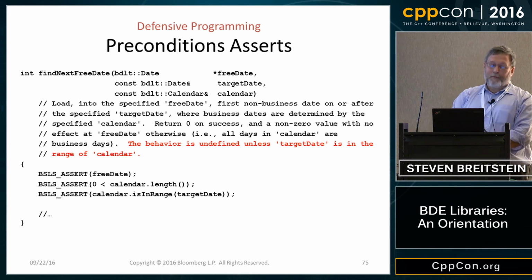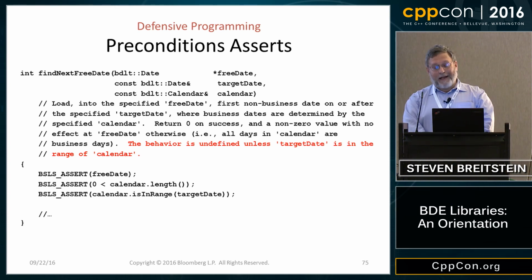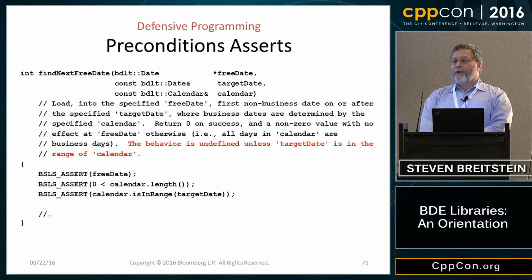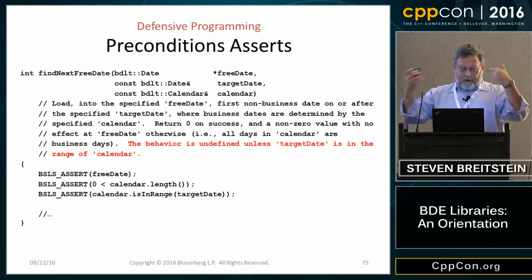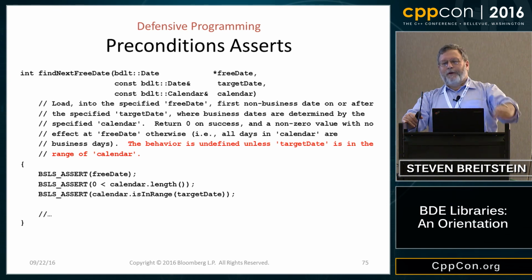Behavior, blah, blah, blah, long contract. Behavior is undefined unless the target date is in the range of calendar, where calendar here is a class that we have that maintains a range of dates and that can be adorned with information about which days are holidays and which days are weekend days and so forth.